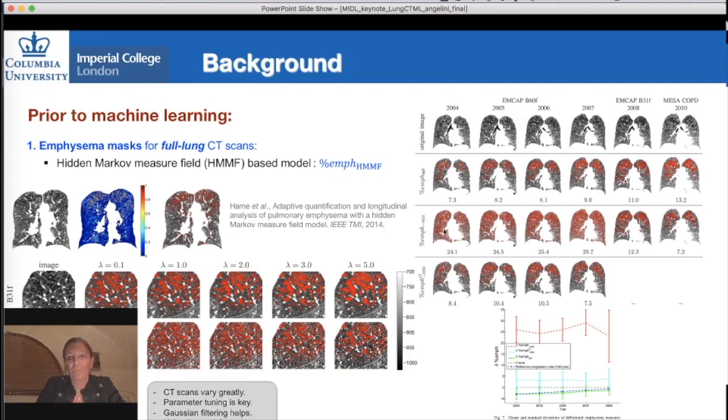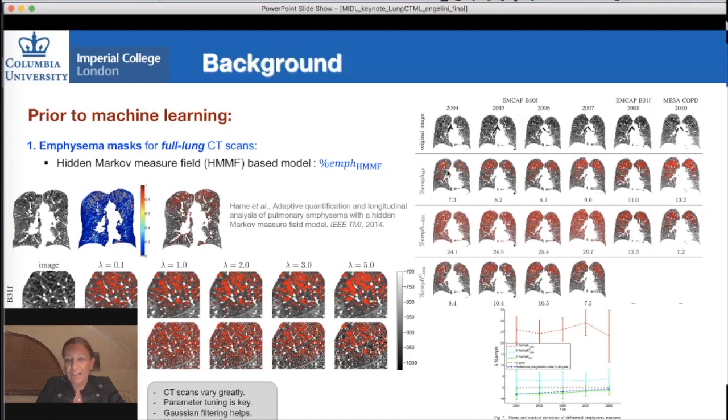Without any ground truth, what we looked at is the evolution in time of the percent emphysema at the individual level, to see if our approach would provide robust and plausible measures of progression of emphysema in time.